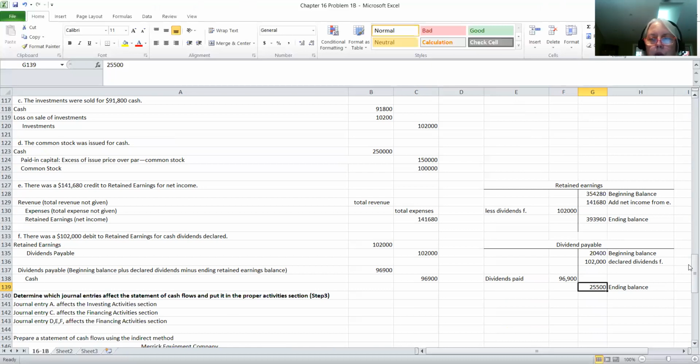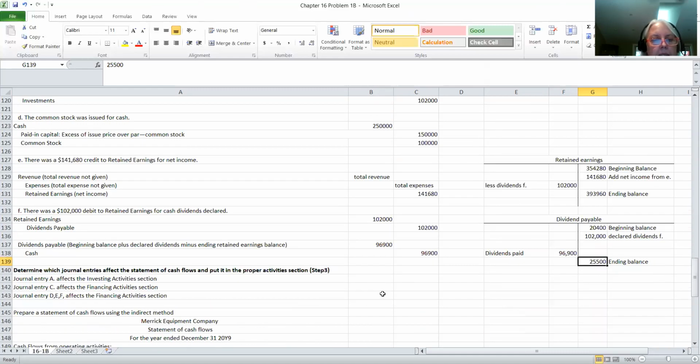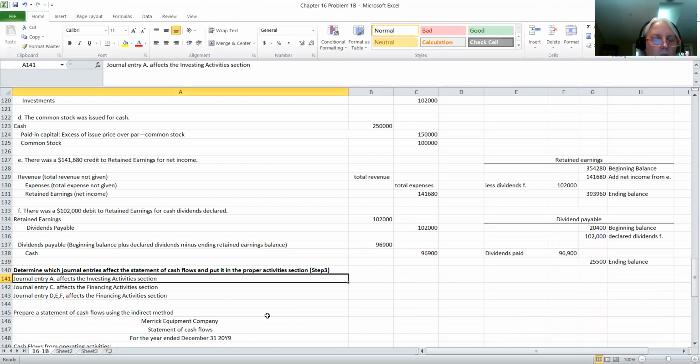So what we're doing is we're just going back through the journal entries we've created here, where we have a credit to cash. We need to see where that came from. That came from buying equipment and land. That is an investing type of activity and would go in the investing activities section on the statement of cash flows.